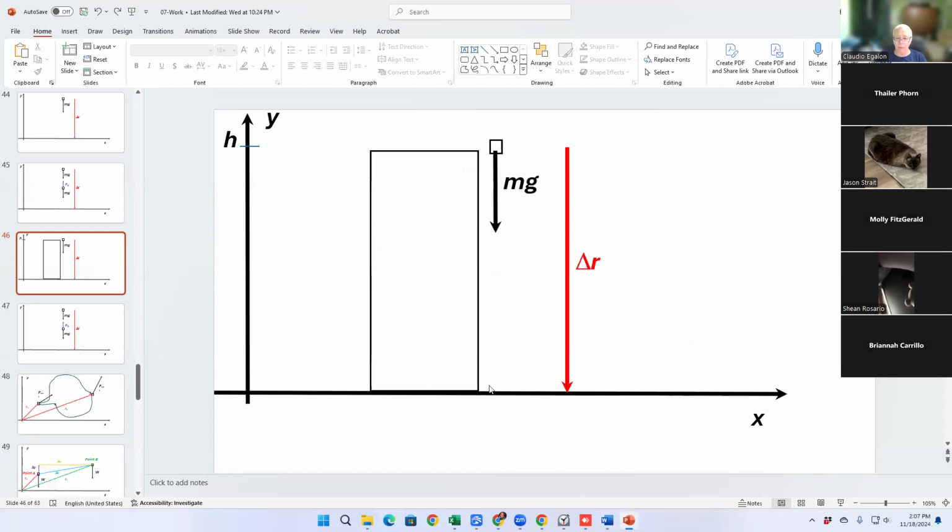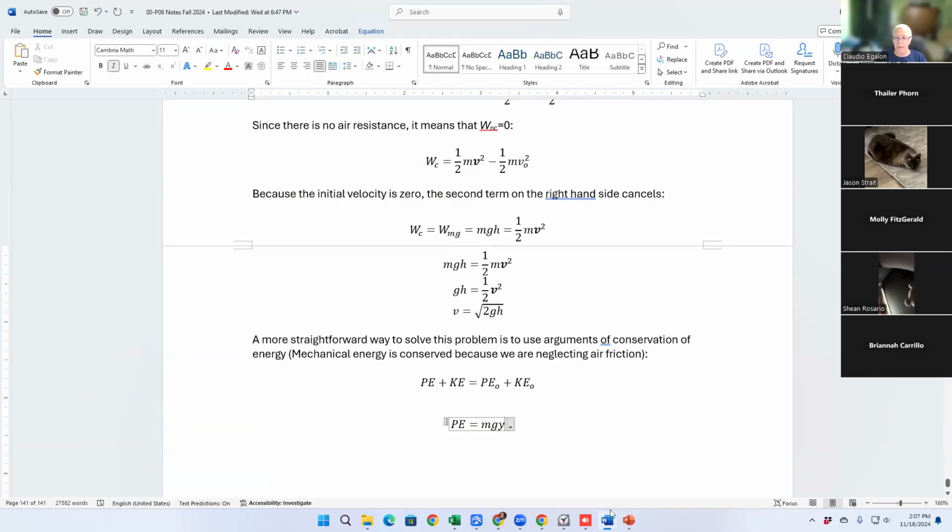The final potential energy is the potential energy here at the bottom of the building. At the bottom of the building, the height is zero, right? So the final potential energy must be equal to zero because y equals zero at the bottom of the building.